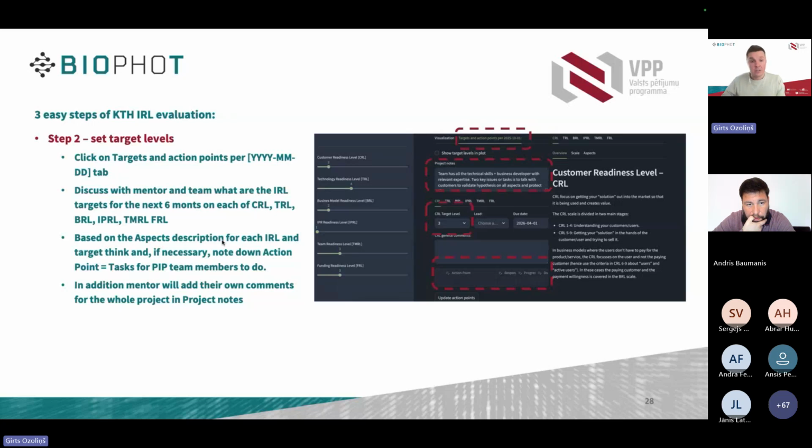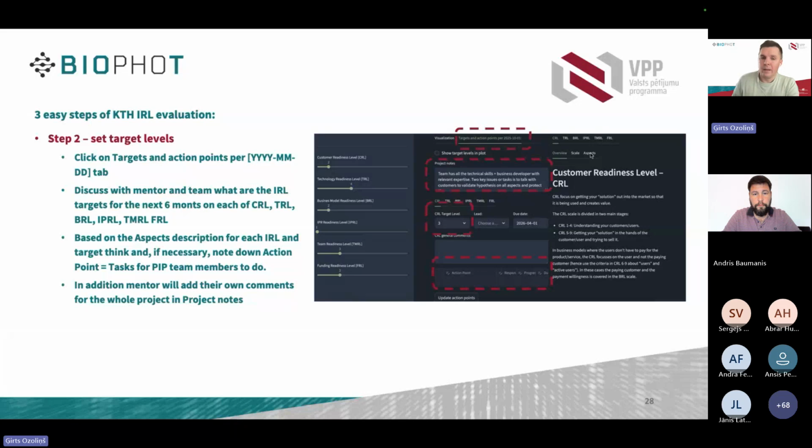Then we go to another section called target and action points, where only we as mentors can add information. Together with the team we go through each of these and determine, for example, if I want to reach customer readiness level 3, what I need to be doing. Then I can go again to aspects and see what level 3 means, and there is a clear description, a few bullet points of what I need to do.